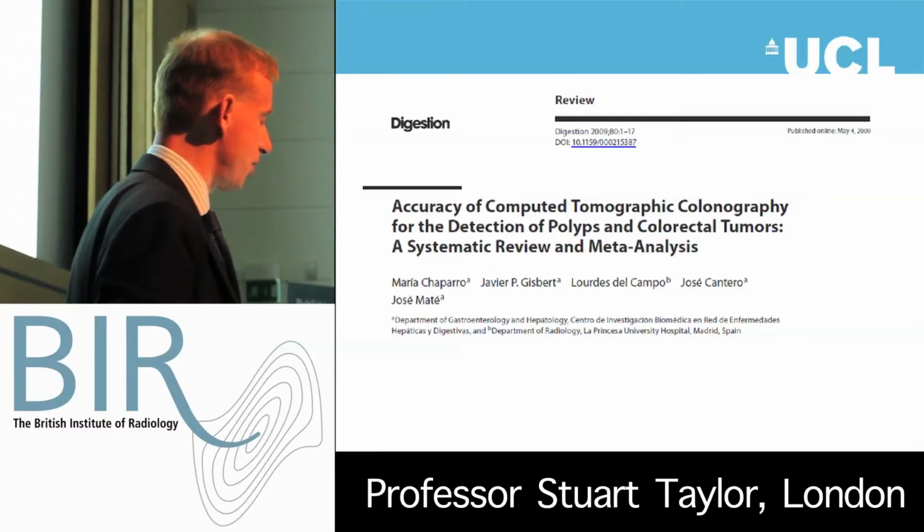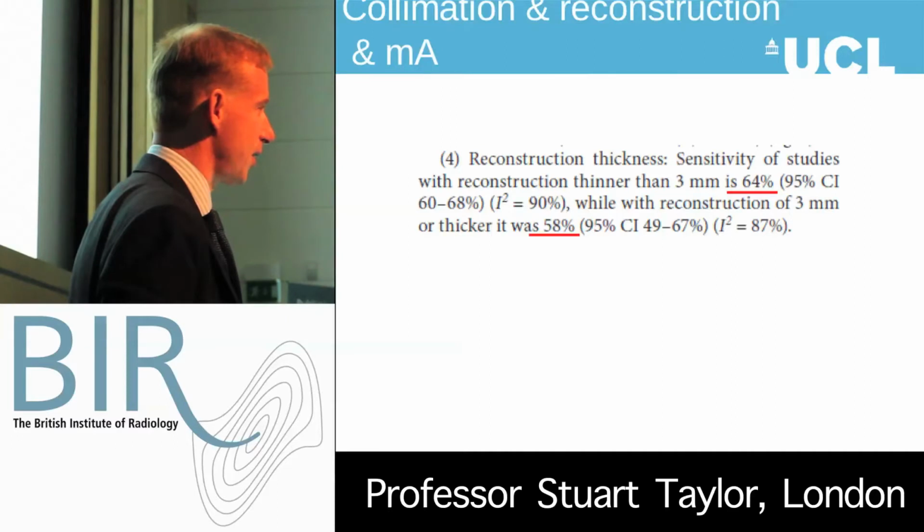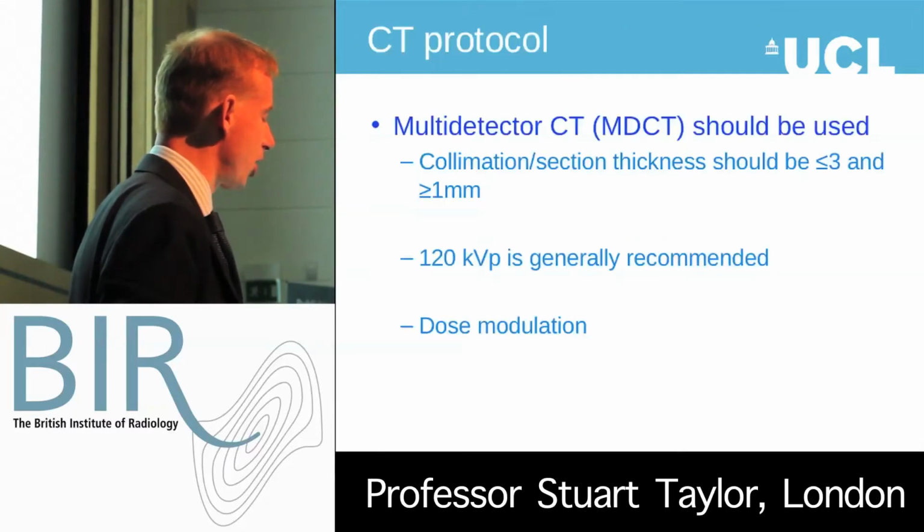I picked one of the meta-analyses which does some quite useful summaries, and they found that if you use a reconstruction thinner than 3 millimetres, you do better than if you use thicker than 3 millimetres. It kind of makes sense, you do thin reconstructions. So a typical multi-slice protocol would be collimation slice thickness less than 3 millimetres, really it's going to be 1.5 or 2 millimetres on most scanners, but make sure you keep it less than 3, don't go above that.